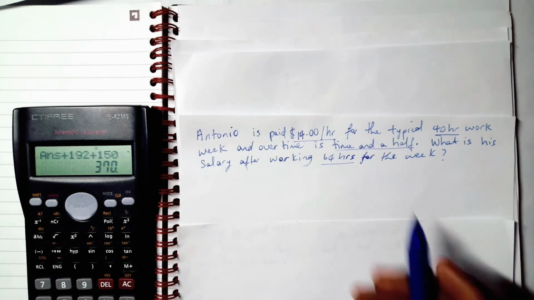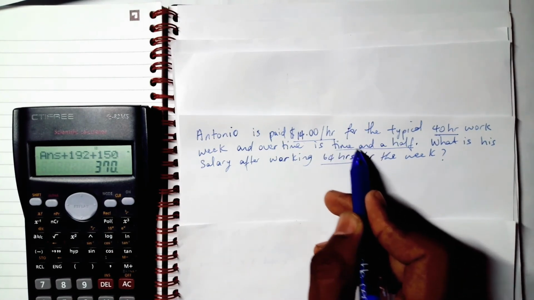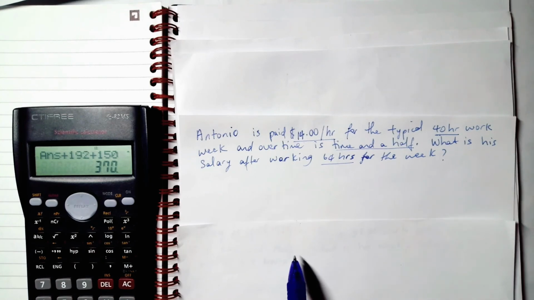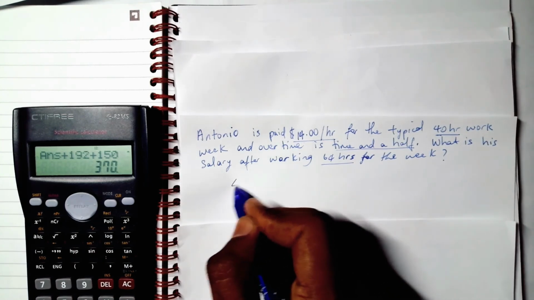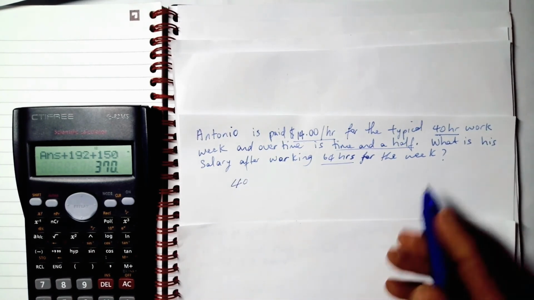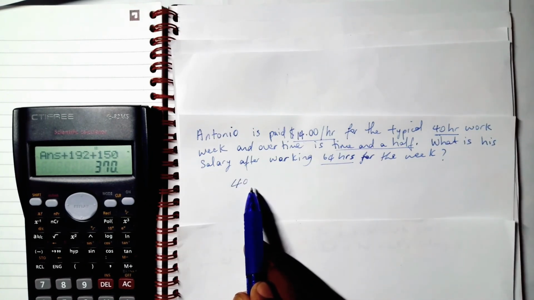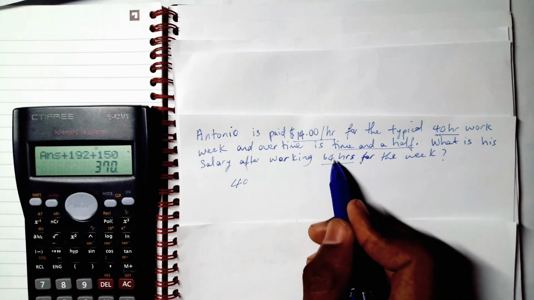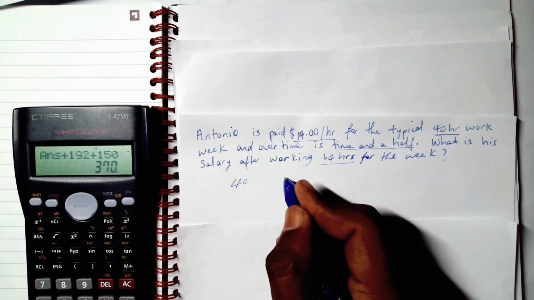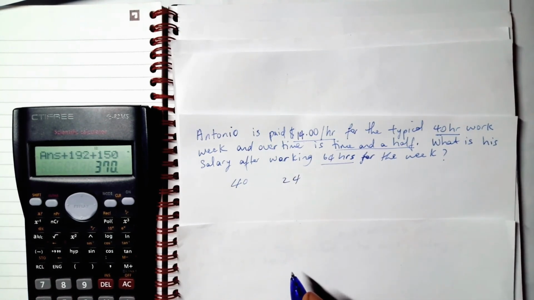All right. So let's dissect what is regular hours and what's overtime. Because we know 40 hours is regular hours, stated here, anything beyond this is overtime. Therefore, overtime is going to be 64 minus the 40, which is going to be 24. So 24 is the overtime.